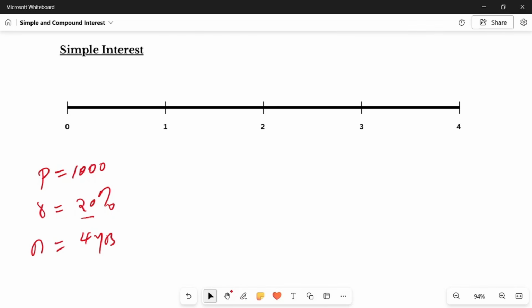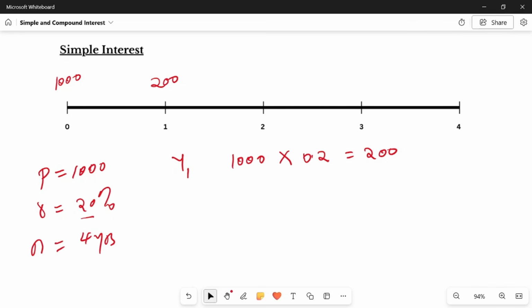So that means at this point here, the person invested £1,000. Now, after 1 year, so year 1, they are going to have £1,000 multiplied by the rate 0.2, so you're going to get 200. So here, they're going to have an interest of 200.